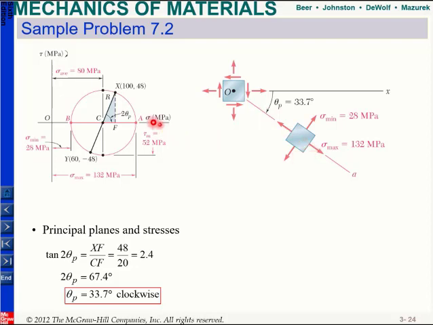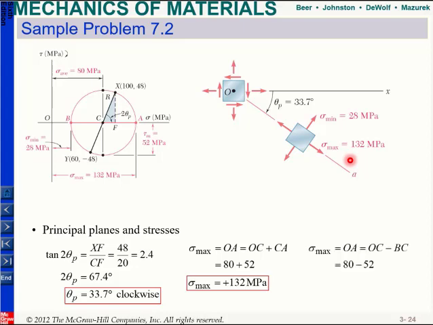When you reach it, my X became A, so it became the maximum, which is equal to my average plus R, which is equal to 132. And then your minimum stress is your average minus R, which is equal to 28. Since X became A, this is my maximum stress, and your Y became B, so you have the minimum stress. This is how your principal planes look.